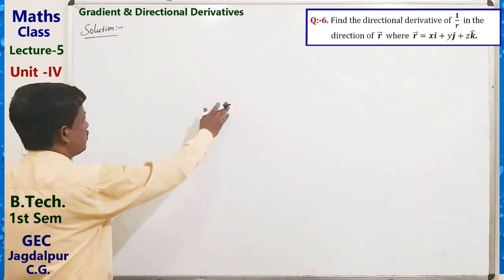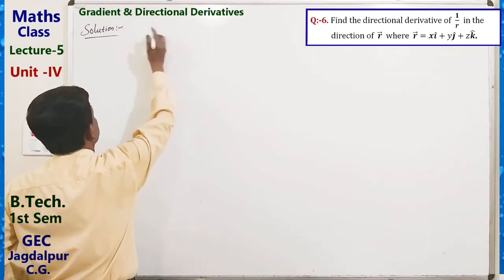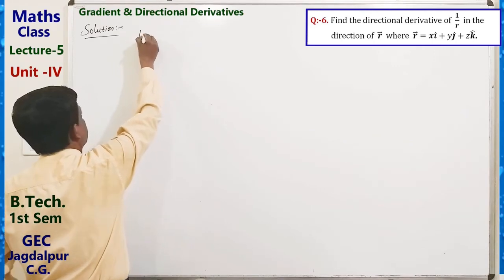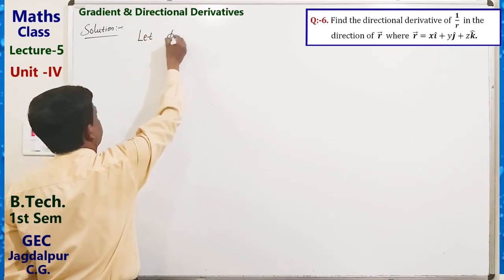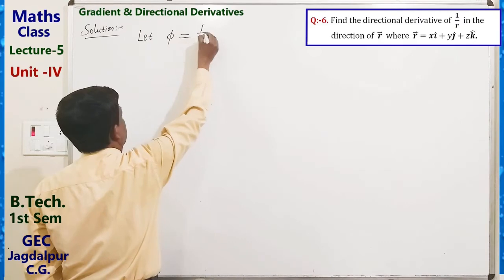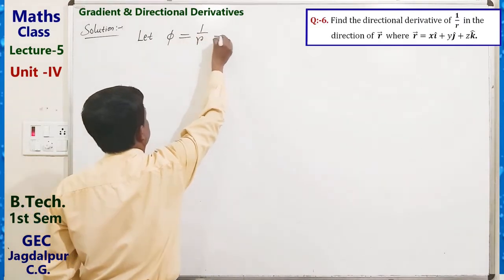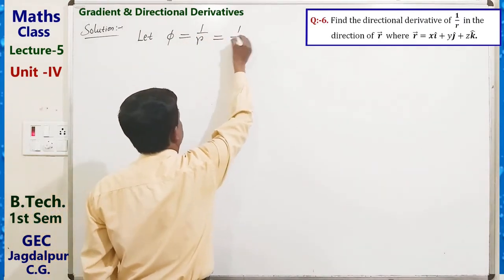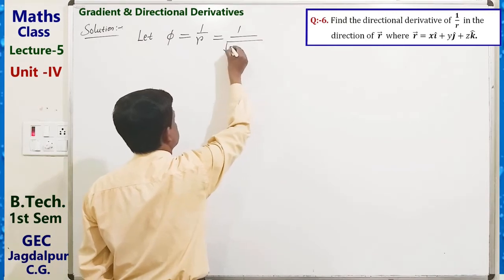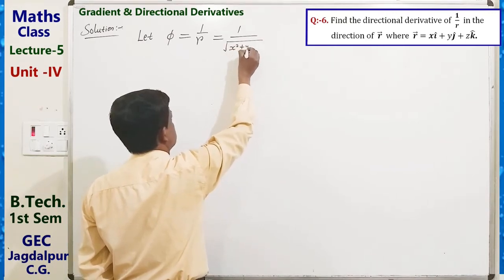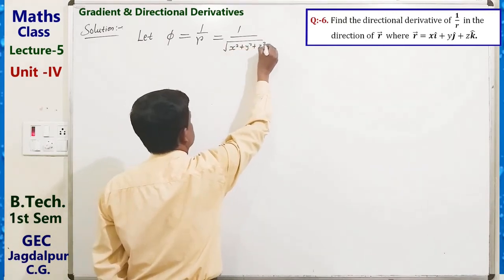So first of all, let phi equal 1 by r. 1 by r means 1 upon root of x square plus y square plus z square.